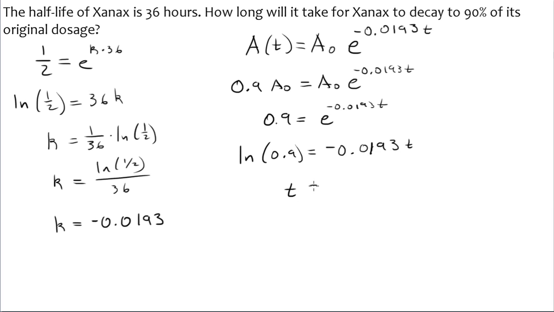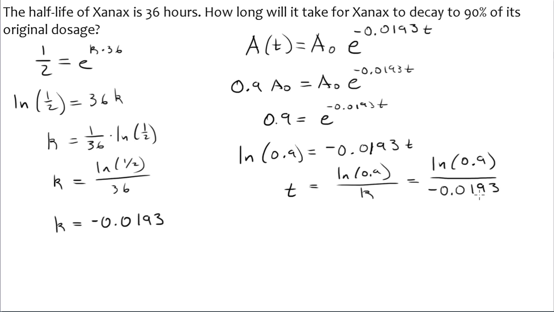That means that the natural log of 0.9 is equal to the exponent of that equation. So t, the time, is the natural log of 0.9 divided by k, the decay factor. It's the natural log of 0.9 divided by negative 0.0193.